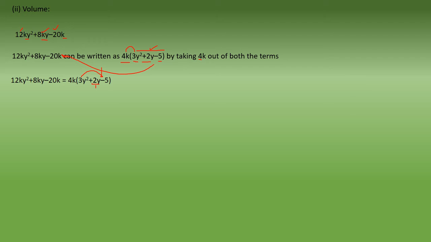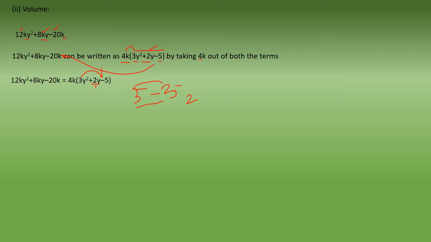So what do we get? We can take 5 and minus 3. When we add 5 and minus 3 we get 2 positive, and when we multiply 5 and minus 3 we get minus 15.